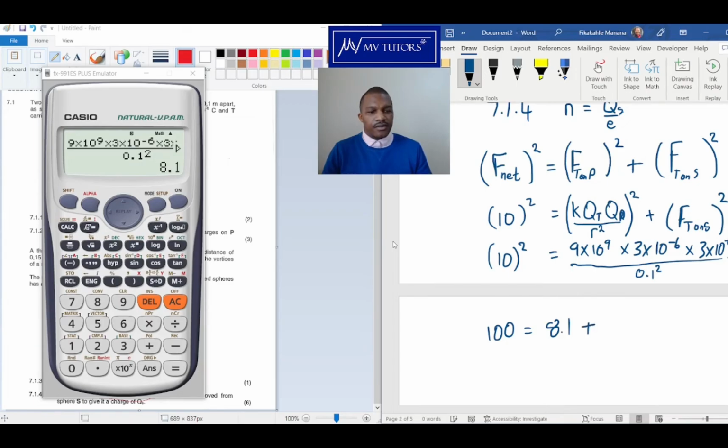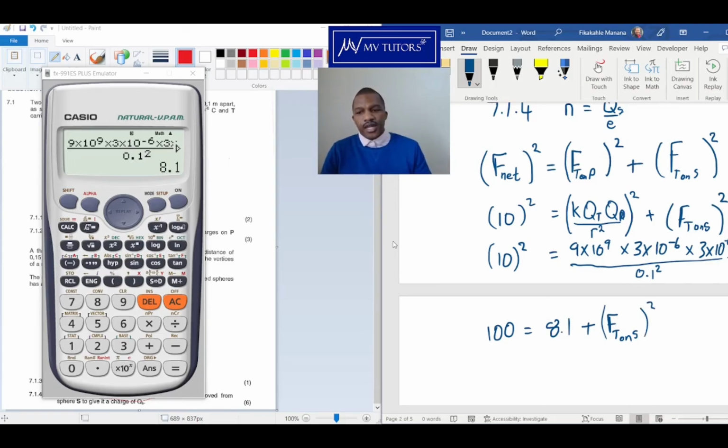Plus F of T on S, this is still squared.